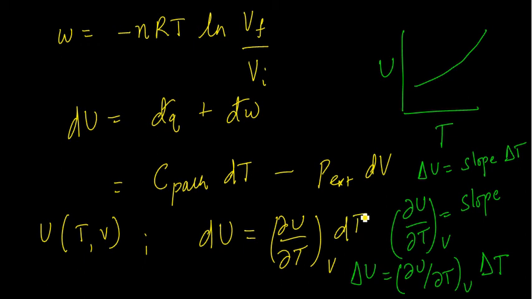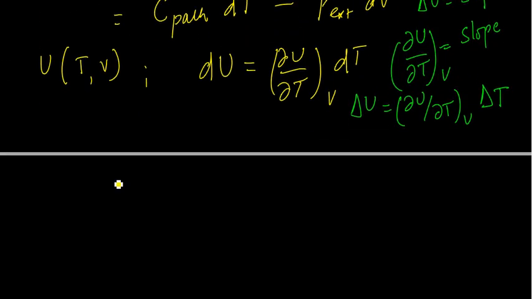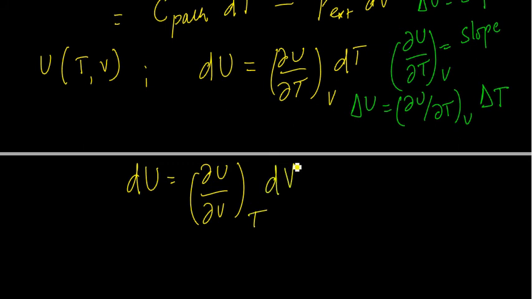The same thing would be true when I change volume. If I change volume, then my expression for dU would be del U by del V at constant T times dV. Yes. Now the thing is, I could change anything at will, either volume or temperature.